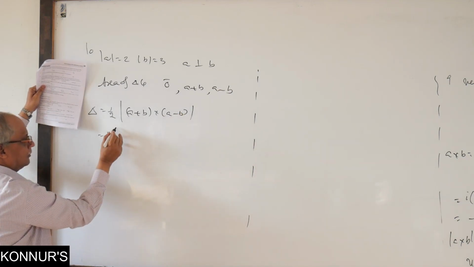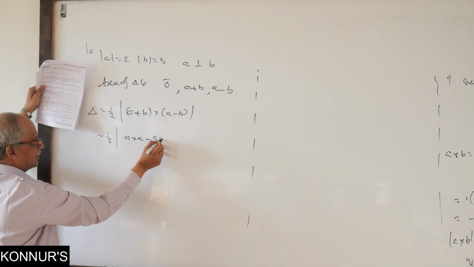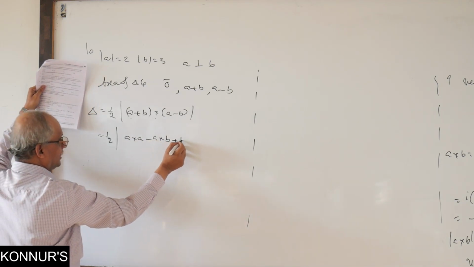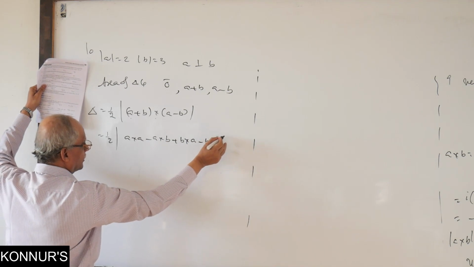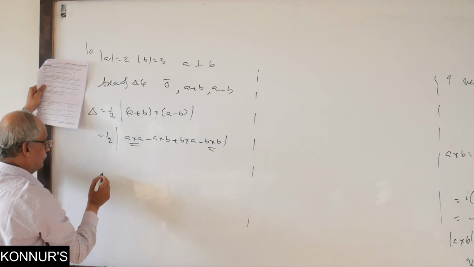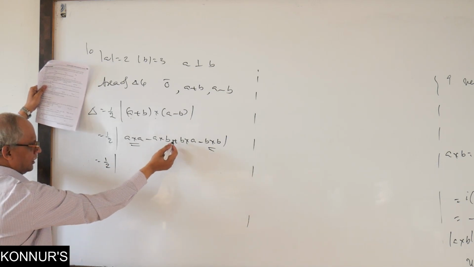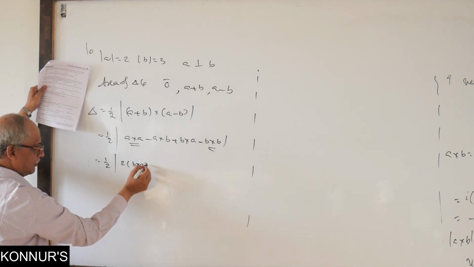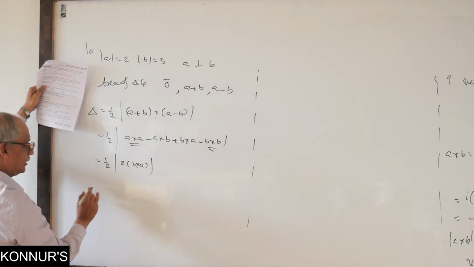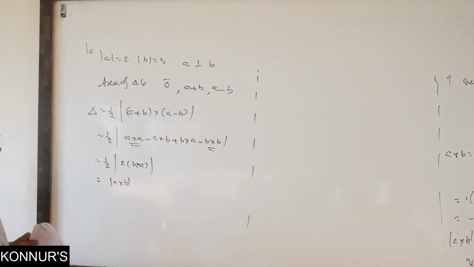Find A cross A minus A cross B plus B cross A minus B cross B. Cross product of similar vectors is 0. Half of B cross A plus B cross A, 2 times B cross A or A cross B. 2 cancel. Hence we have only A cross B or B cross A, because it is magnitude anyway.